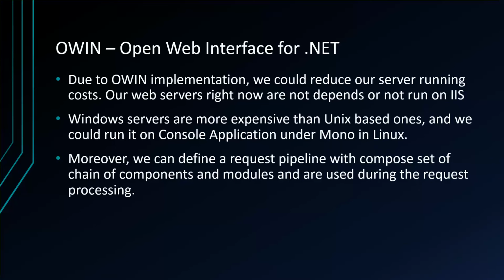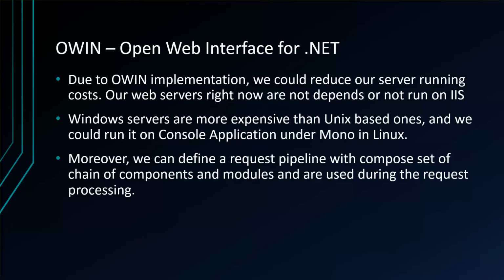Due to this OWIN implementation, we could reduce our server running cost, because our web servers are no longer tied to, or dependent on, any particular web server. Windows servers are more expensive. If we develop our web application to target multiple operating systems, it should be lighter weight compared to Windows.